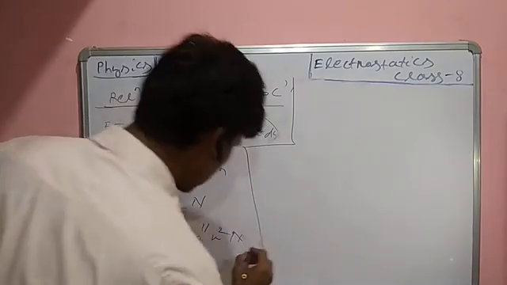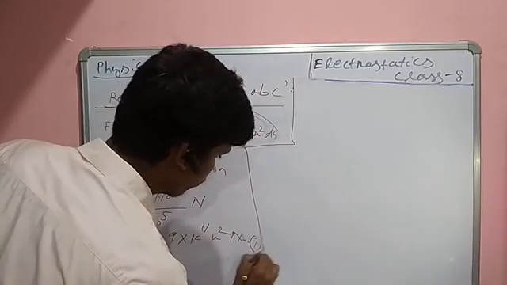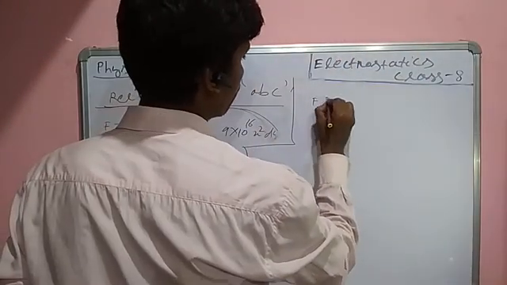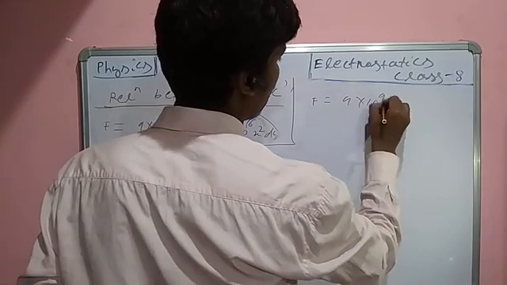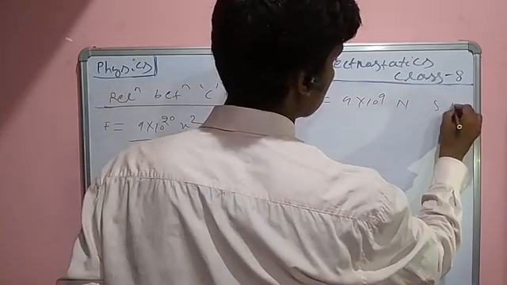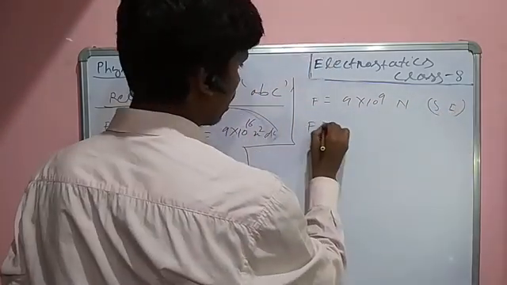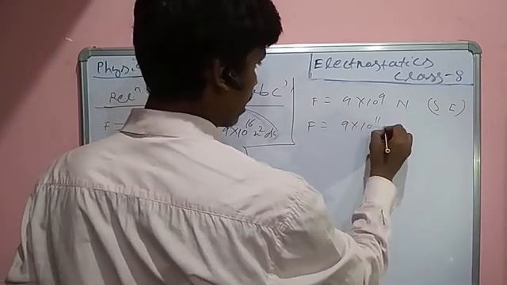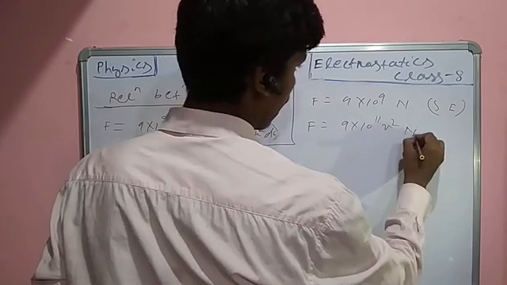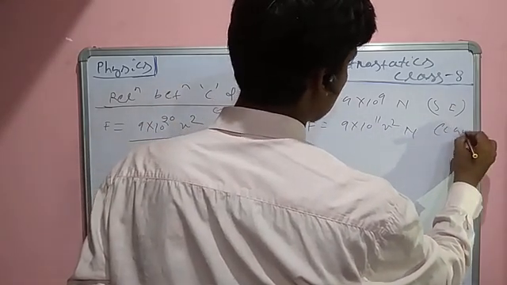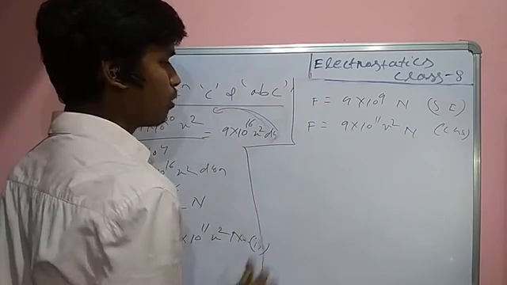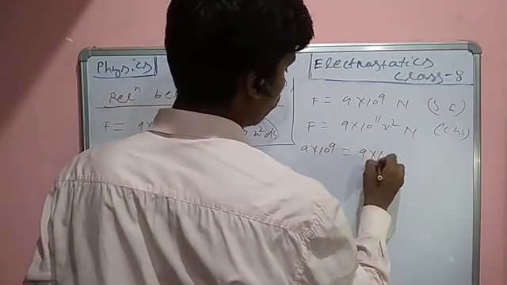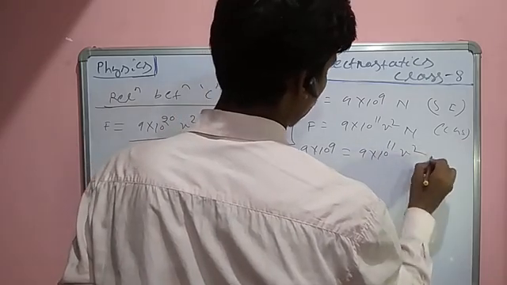So this is equation 2. In the previous case, in the SI system, F is equal to 9 into 10 to the power 9 Newton. Listen. Similarly, in CGS, F is equal to 9 into 10 to the power 11 X square. So the two are equal. 9 into 10 to the power 9 is equal to 9 into 10 to the power 11 X square.